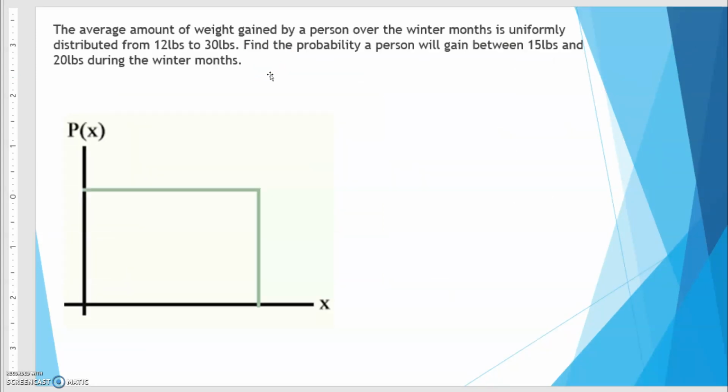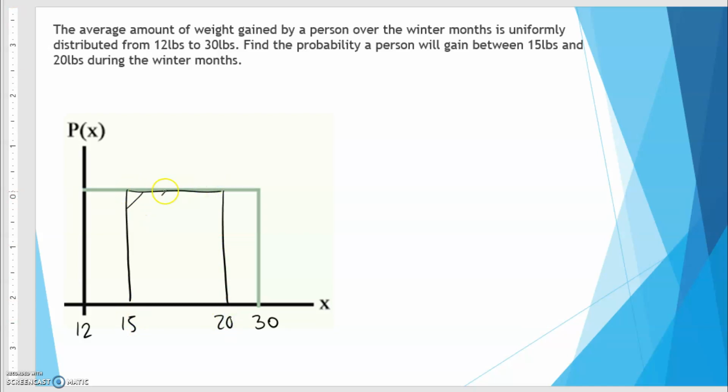Okay, and last one. The average amount of weight gained by a person over the winter months is uniformly distributed from 12 to 30 pounds. Find the probability that a person will gain between 15 and 20 pounds during the winter months. Okay, so minimum is 12, maximum is 30. We are looking between 15 and 20 pounds.